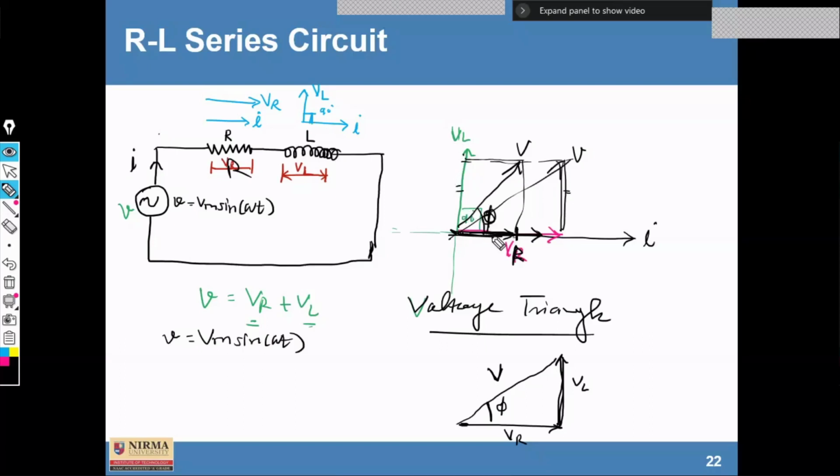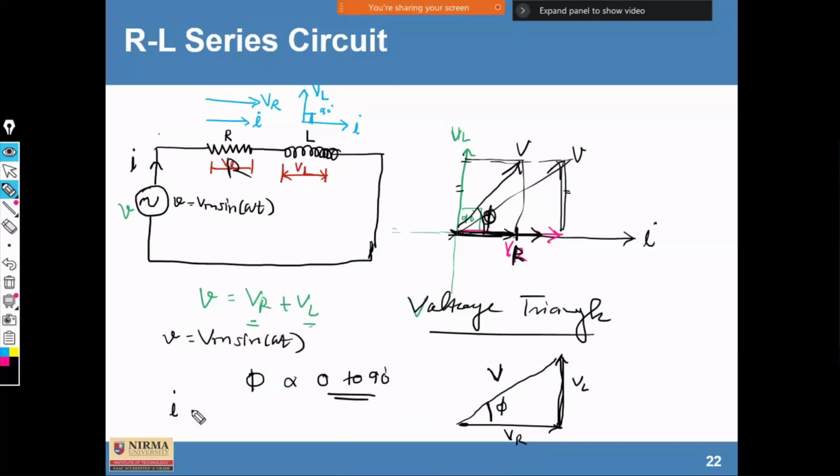So in both the cases, we can say the angle phi is going to vary between 0 to 90 degree. And we can represent this in the form of current I also: Im sin omega t minus phi.